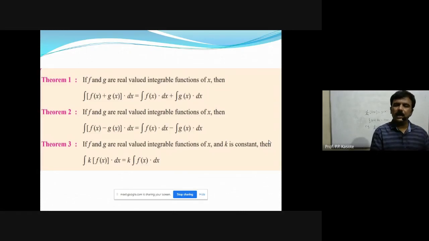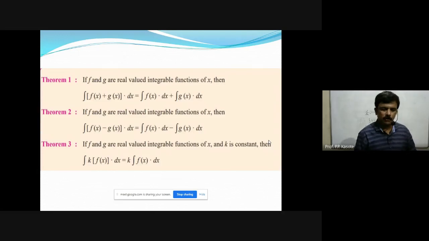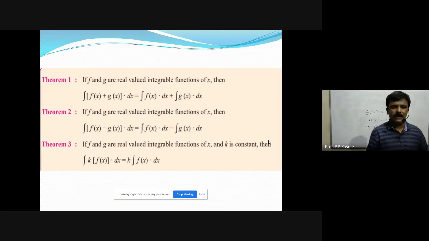Here also we are allowed to evaluate the integral separately in case of the plus sign in between them. What if the minus sign is there? Theorem 2 tells us that if a minus sign is there in between f of x and g of x, in that case also we are told to take their integrals separately, that is the integral of f of x minus the integral of g of x. This was about the plus and minus.